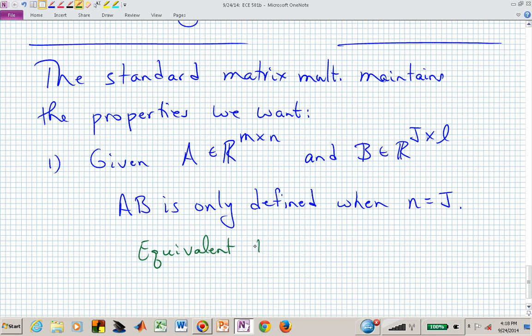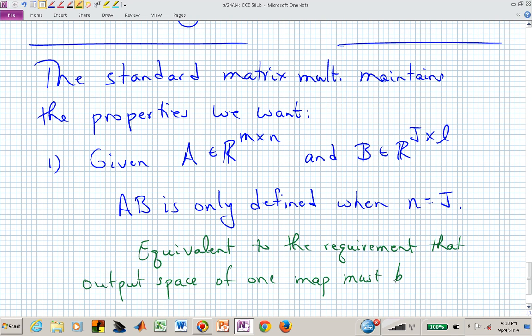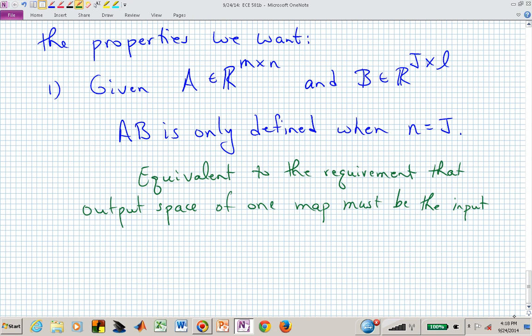That's equivalent to the requirement that the output space of one map must be the input space of the other map.